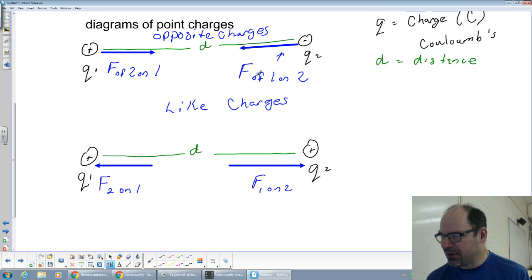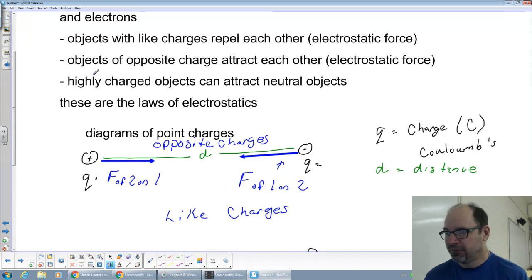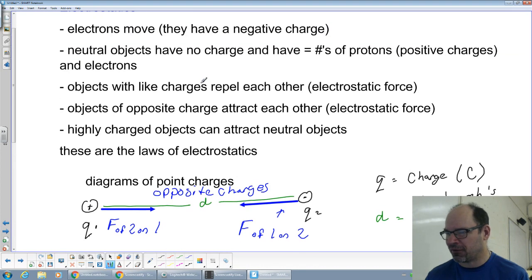So it's the same force, but they're now in the opposite direction. This one's putting a force on this one, and this one's putting a force on this one, and now they're pushing away from each other. So that's how the law of attraction and the law of repulsion work with electrostatics. Highly charged objects can also attract neutral objects, and we'll talk about that later on.